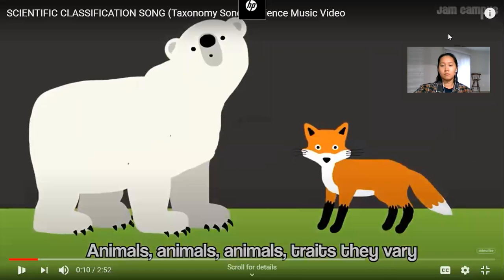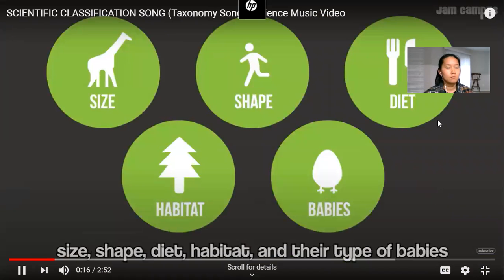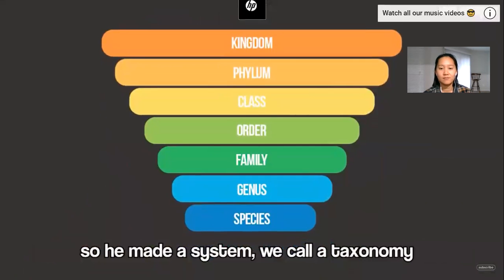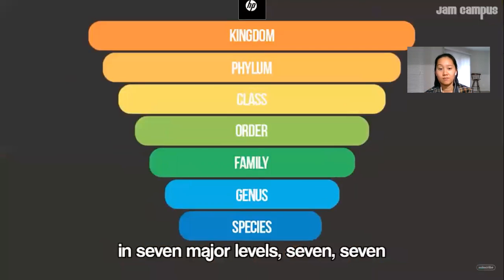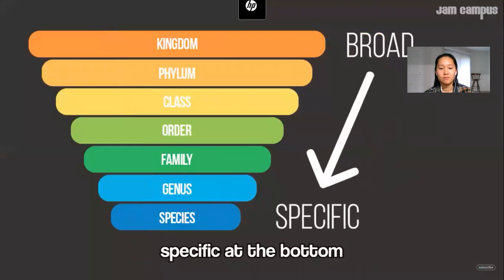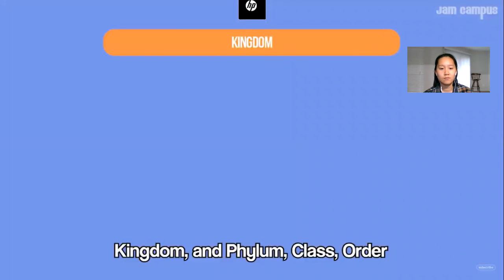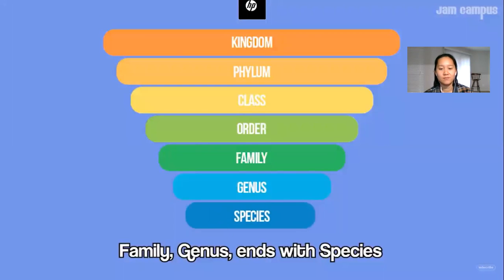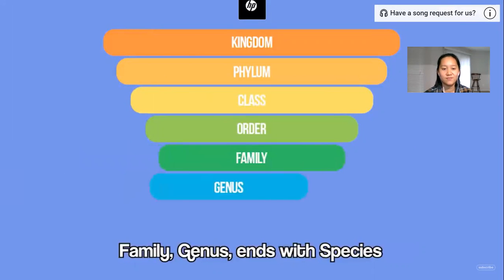Mammals' traits that vary: size, shape, their habitat, and their type of babies. So we spent years wanting to organize things. So we made a system we call taxonomy. Every living thing is sorted in seven major levels, starting with the kingdom, phylum, class, order, family, genus, and species.